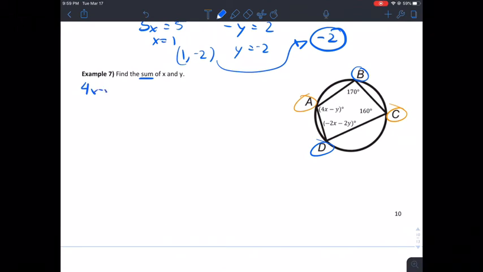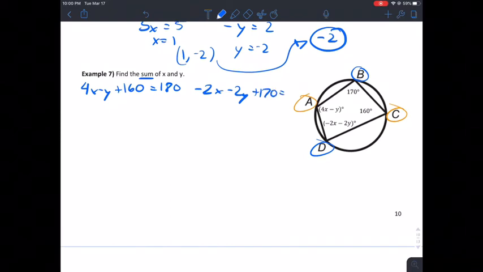So we can do 4x minus y plus 160 equals 180, and -2x minus 2y plus 170 equals 180.